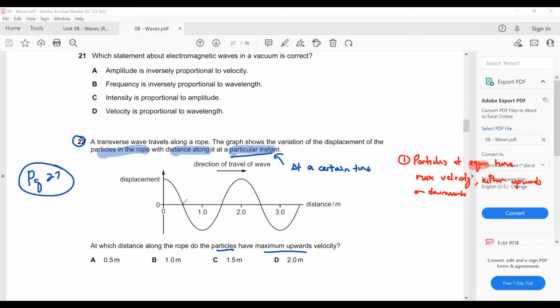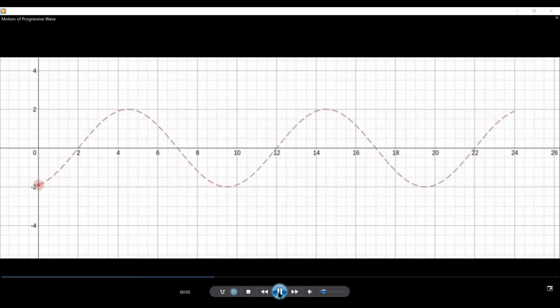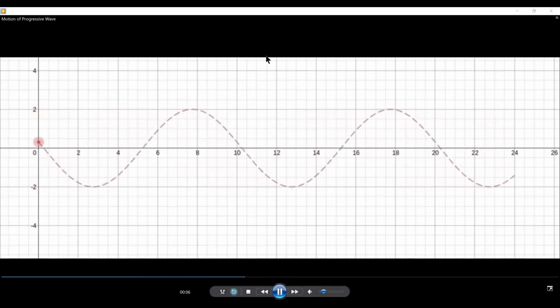So you could be considering this one, or this one. All right, but how do I know which one is going to have maximum upward velocity? Now just now, if you refer back to the transverse wave, this is how a transverse progressive wave looks.